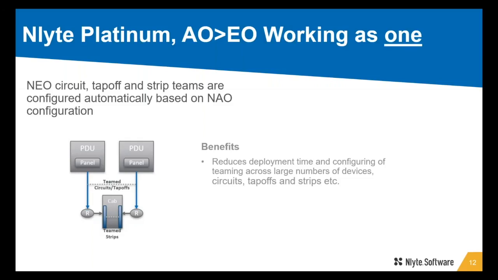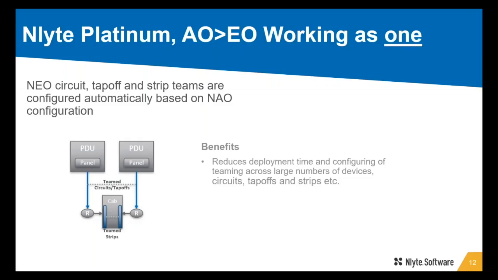When you go into Neo and you set up your circuits, your relationships and everything else, that's all now going to be passed across to Neo. So Neo is completely configured now. When we're doing our teamings and our circuits, all that data is now passed to Neo. So there's no need to go in, like days of old, and set up the Neo system on that side. When you create things inside Neo, it's being passed to Neo.